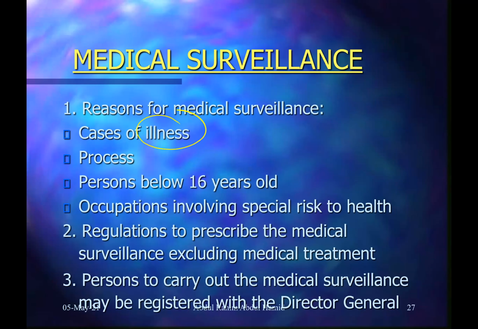Let's say there are people going to the clinic from the same workplace again and again. So the clinic might wonder what is happening, and maybe it was reported to the authority, etc., and basically it triggered the medical surveillance.